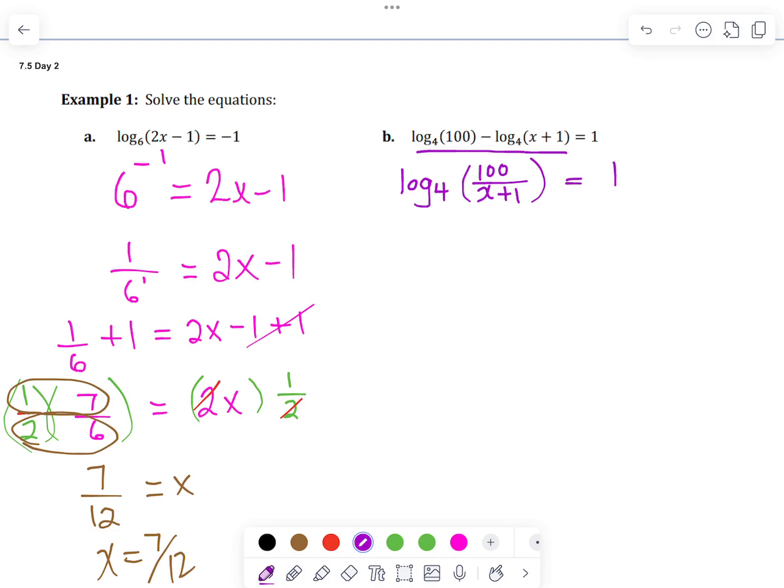Now we have a single logarithm on the left. Now we're going to change that logarithm to an exponential. So the base is 4, the right side becomes the power, the exponent, and then the parenthesis becomes the right side.